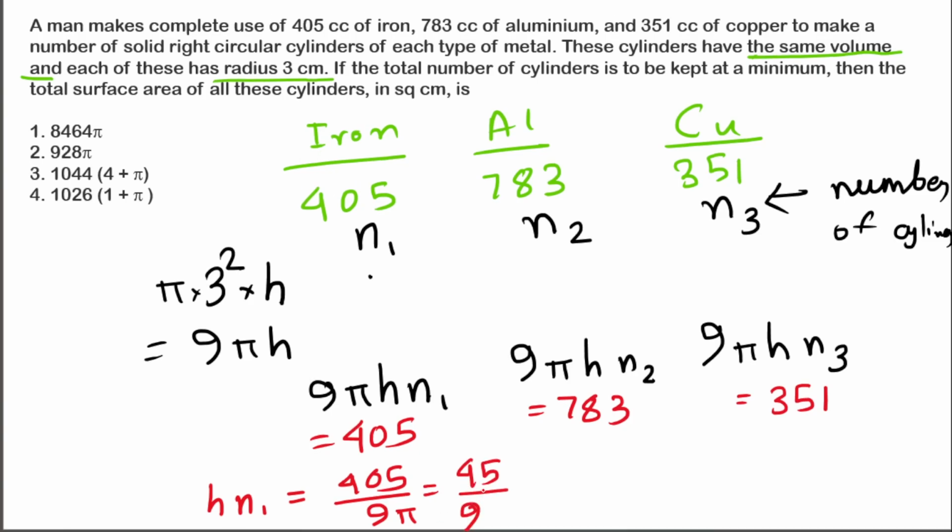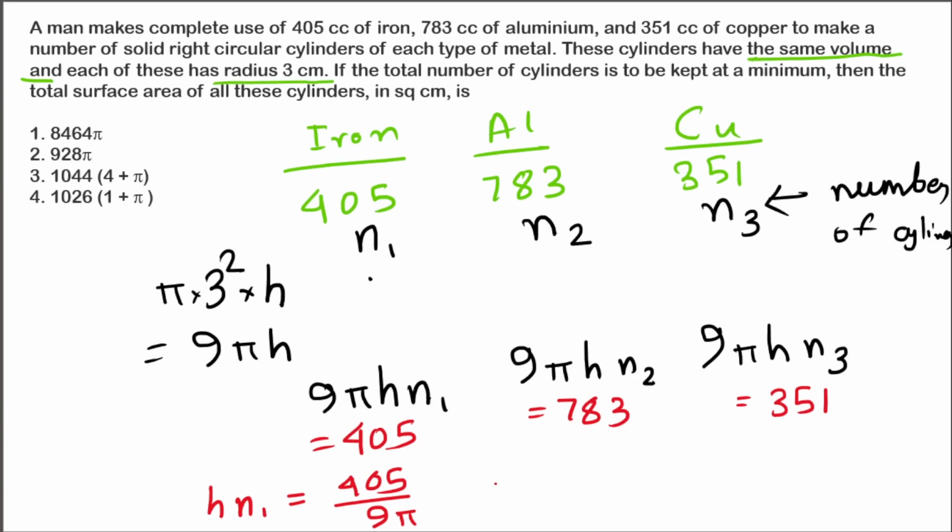I will write it in different color so that you don't get confused. This is 45 by 9 pi, right? Similarly, we'll have hn2. hn2 is simply 783 by 9 pi, right?